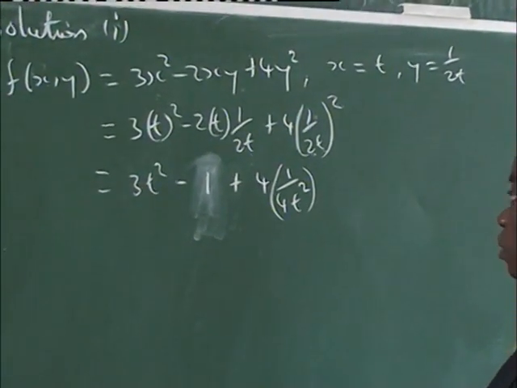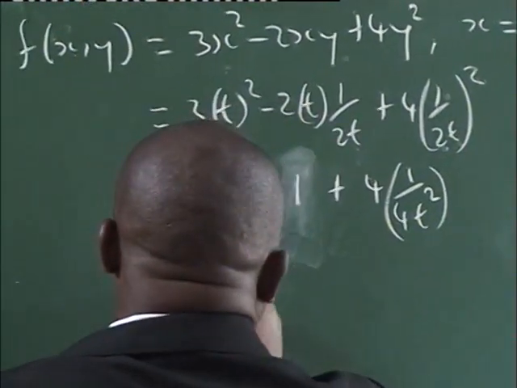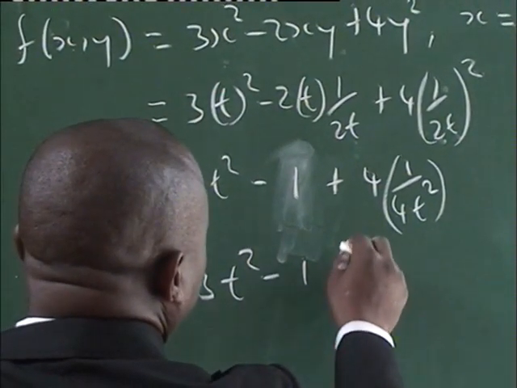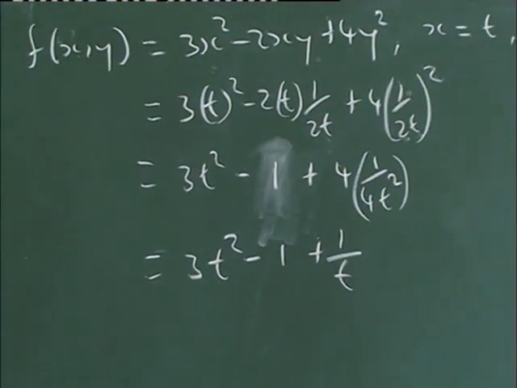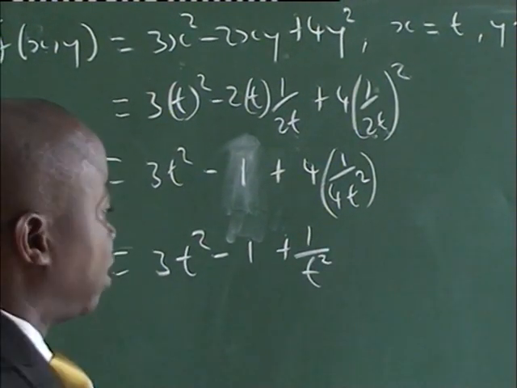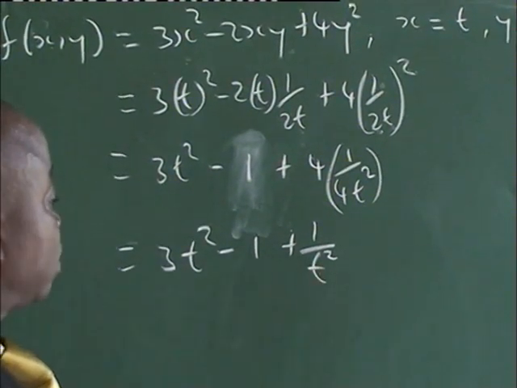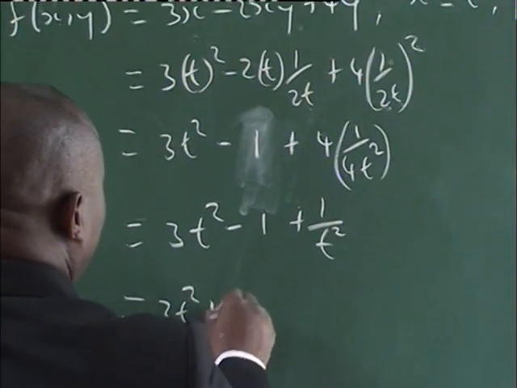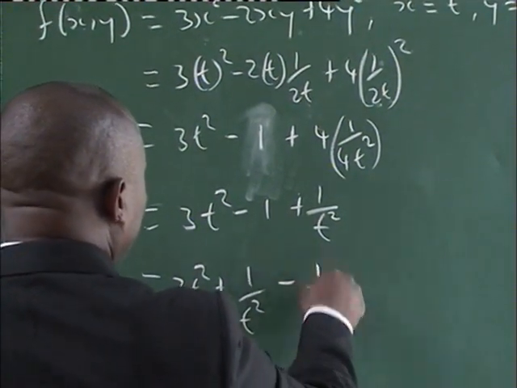So 1 over 4t squared, and this 4 can cancel this 4. So we have 1 over t squared. Okay, so this means 3t squared plus 1 over t squared minus 1.